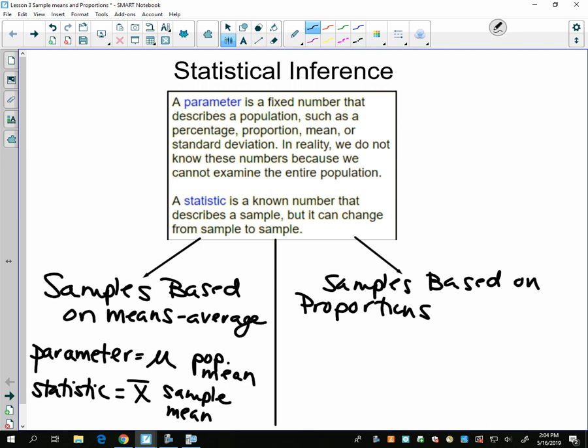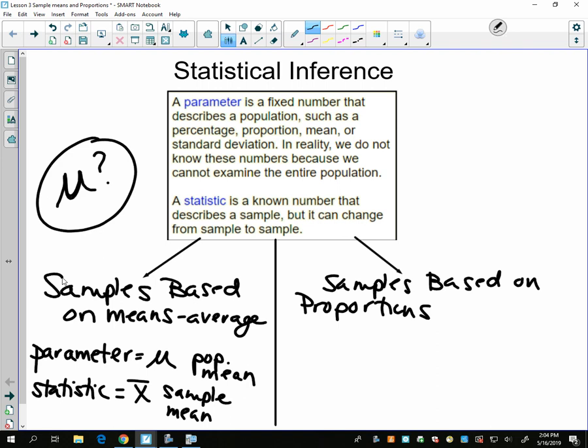So population parameters, sample statistics. You don't know what mu is, so you take a sample and you try to use the sample to estimate the parameter, the population mean. It's x bar, which is the sample mean.